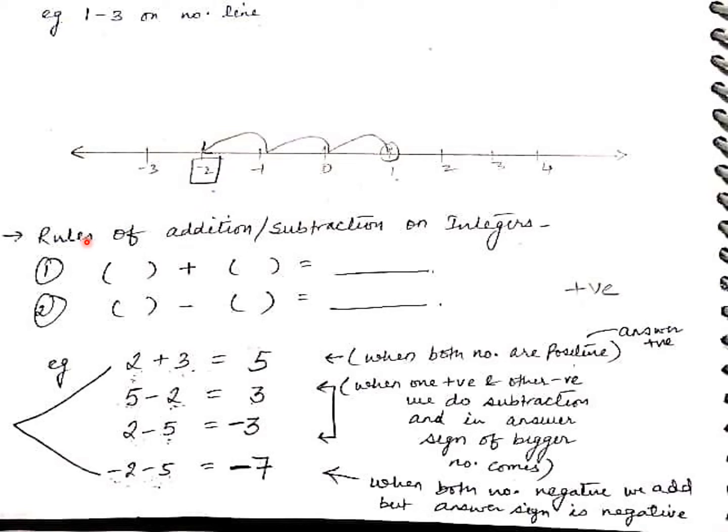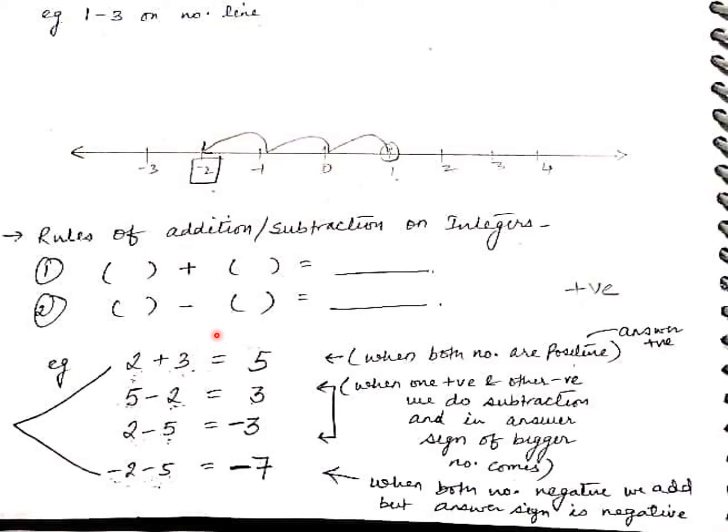Now, rules of addition and subtraction on integers. These are very general rules, but still we make mistakes. So let's understand this. Suppose you have two numbers getting added. What is the sign of the number coming? You have to think. Similarly, when you are subtracting, what sign is coming, we have to understand.